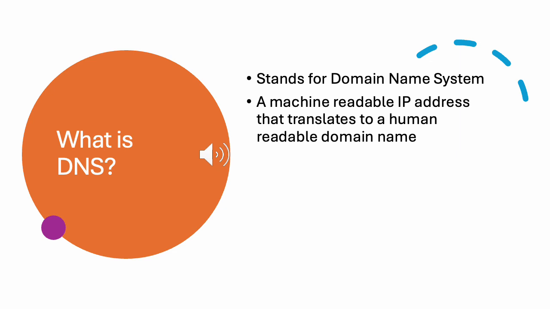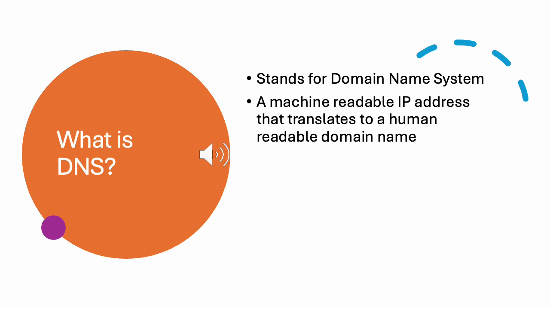DNS operates in a hierarchical manner with different levels of name servers handling various aspects of the lookup process. The primary components include root name servers. This is the highest level in the DNS hierarchy, which directs queries to appropriate top-level domain servers.